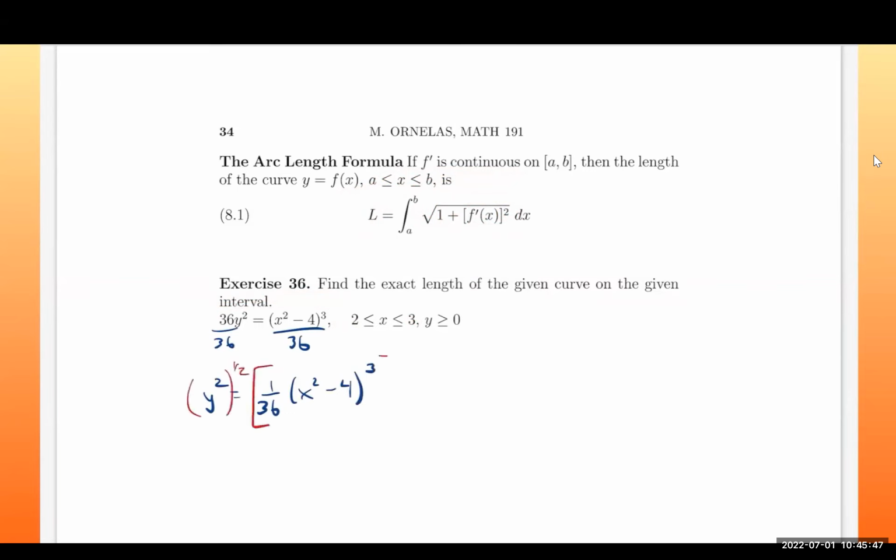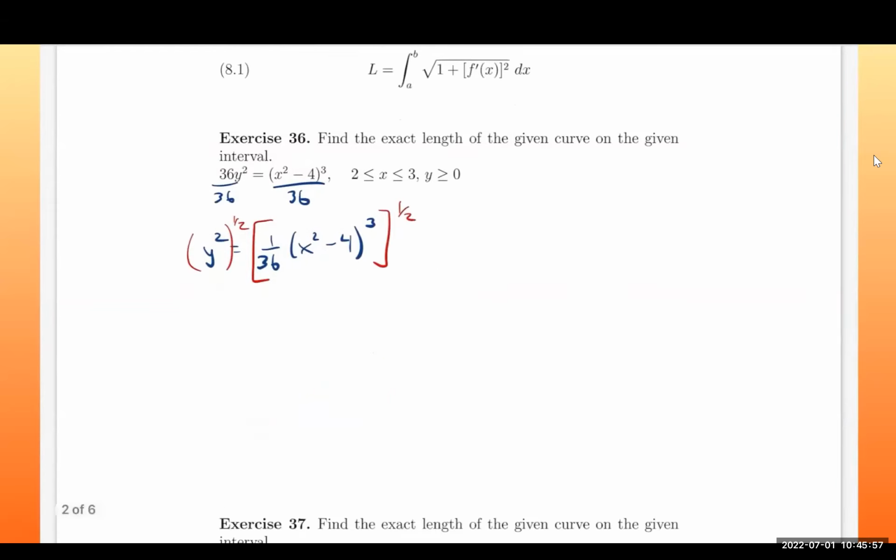We can take the square root or raise both sides to the 1/2, and we end up getting y equals, and because we're dealing with positive y values, we only have to worry about the positive root, not the negative. So this becomes 1/6 times x squared minus 4 to the 3/2 power.